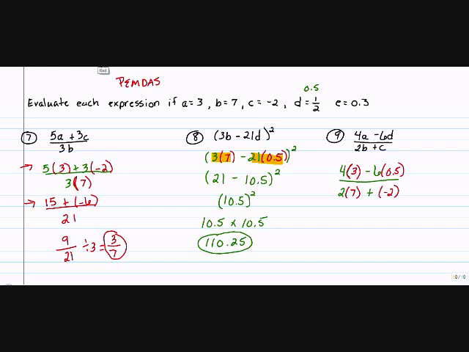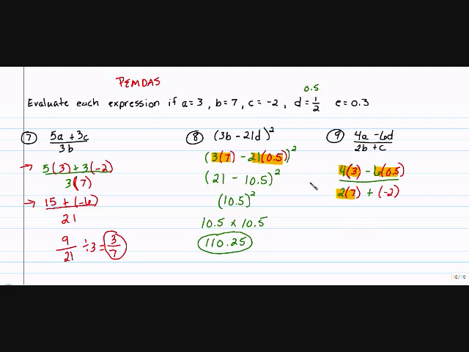And now we can solve according to PEMDAS. I'm going to go ahead and solve in the numerator first. I'm going to solve my multiplication. 4 times 3, and then 1/2 of 6. And then I'm going to go ahead and solve in my denominator. 2 times 7, and then I have a -2.